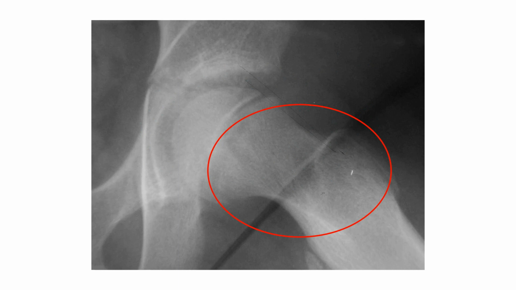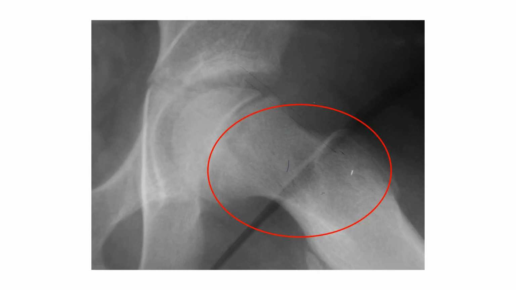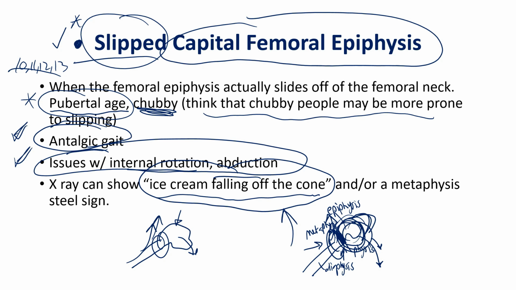When you remove all that, do you notice how if this was the cone, and this is the top of the ice cream, the ice cream part of the cone that I just drew looks like it's sliding off of the cone? That's literally the name they gave it, ice cream falling off of the cone sign on X-ray. This is fairly diagnostic for a slipped capital femoral epiphysis.